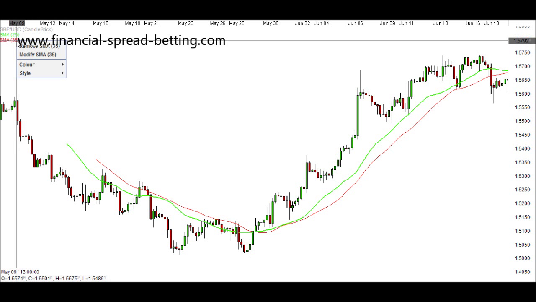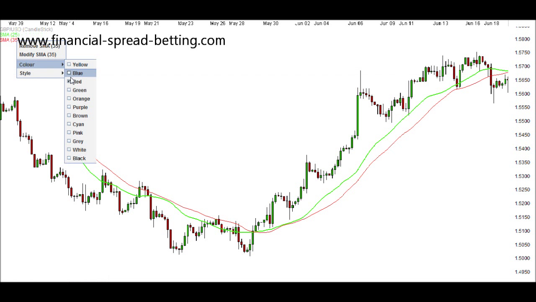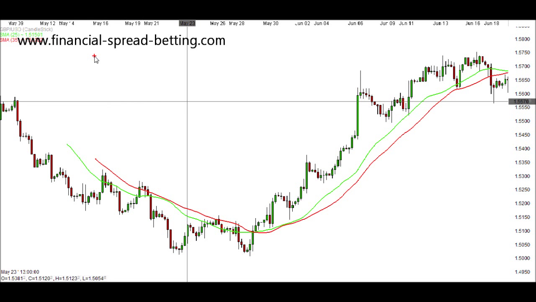So I have a moving average set at 25 and 35. The moving average set at a lower period of 25 is considered the fast or faster moving average, whilst the moving average set at 35 is considered a slow or slower moving average.